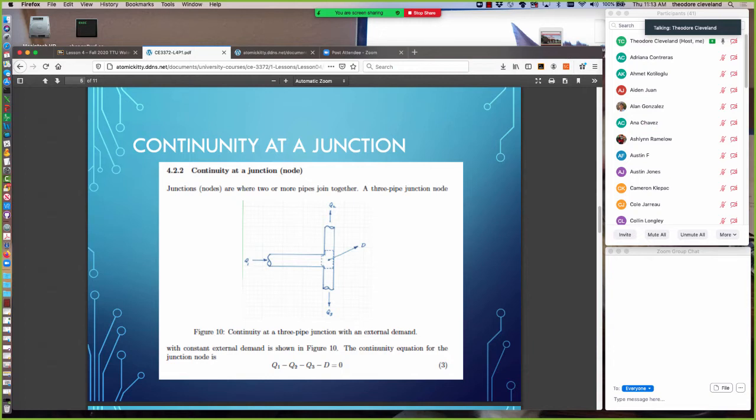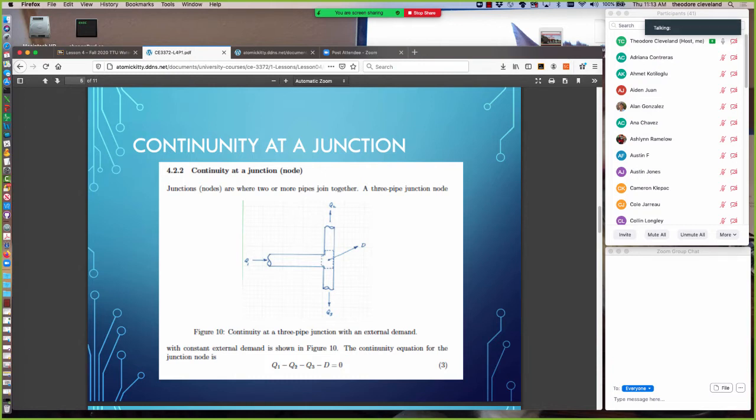So the principle of continuity at a junction is that all the inflows equal all the outflows. In this drawing, I have Q1 to the left pointing in towards the junction, Q2 at the top leaving the junction, Q3 at the bottom also leaving the junction, and by convention demand is positive leaving a junction.